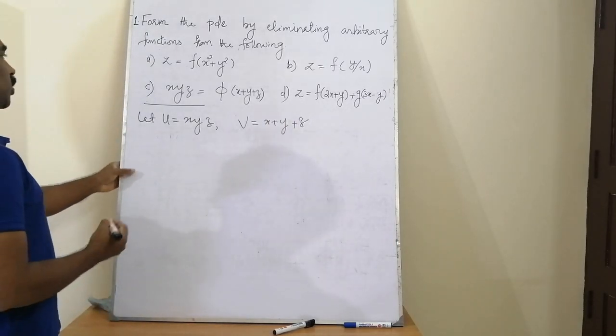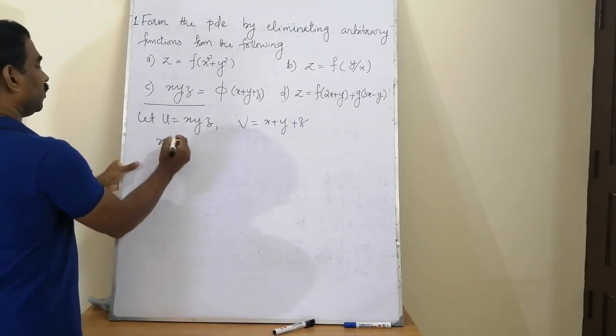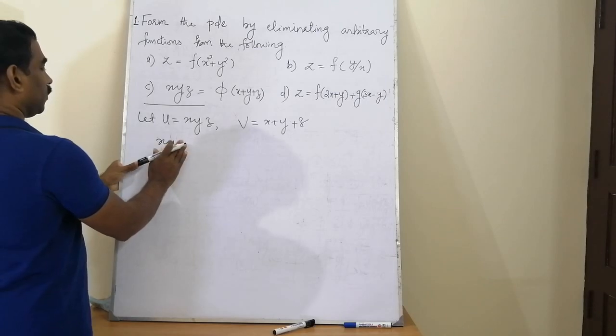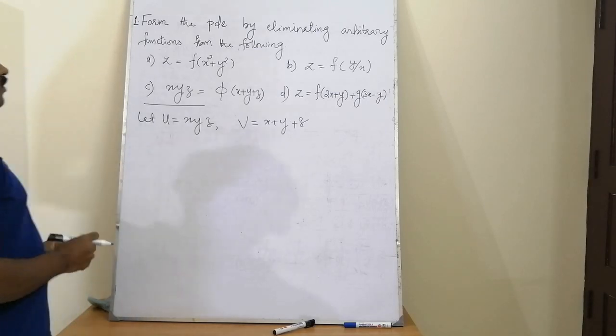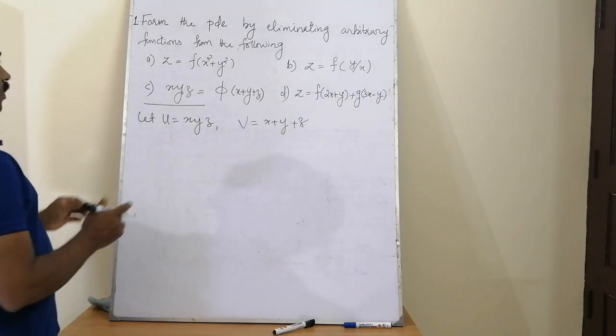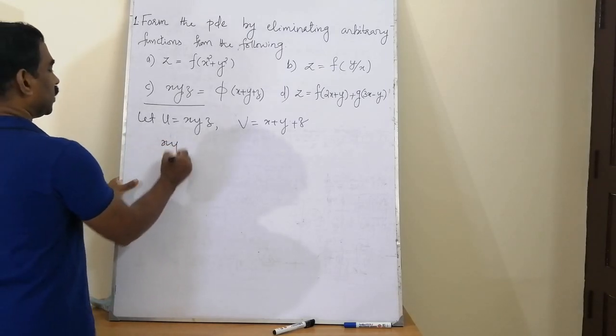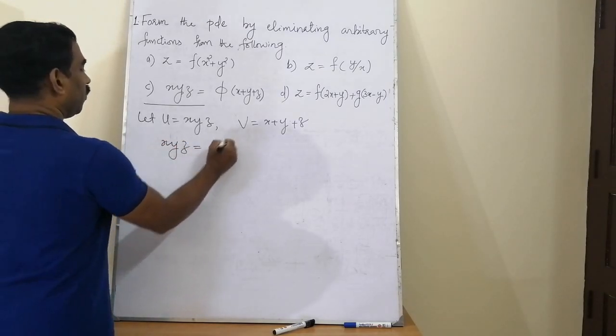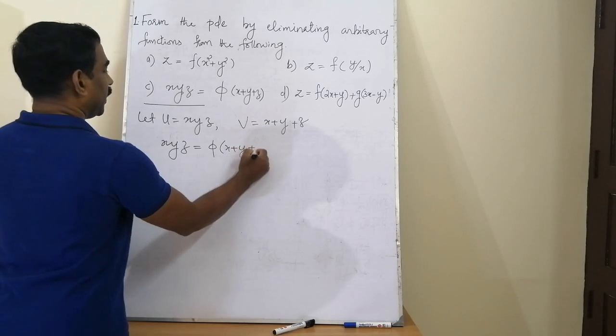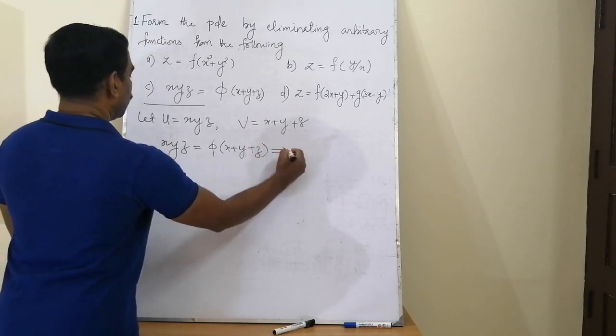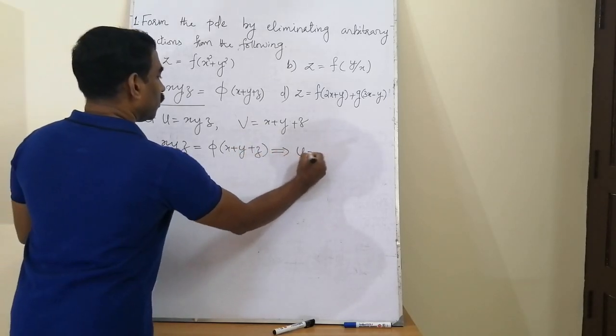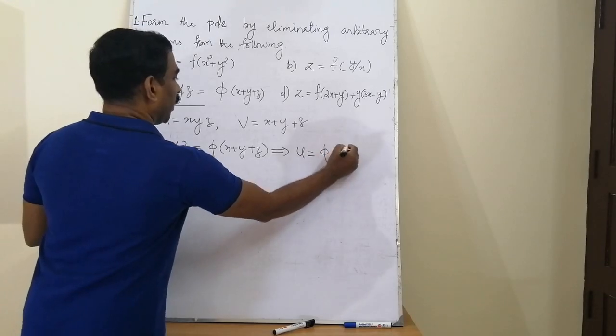Then our given relationship xyz equal to phi of x plus y plus z becomes u is equal to an arbitrary function of v.